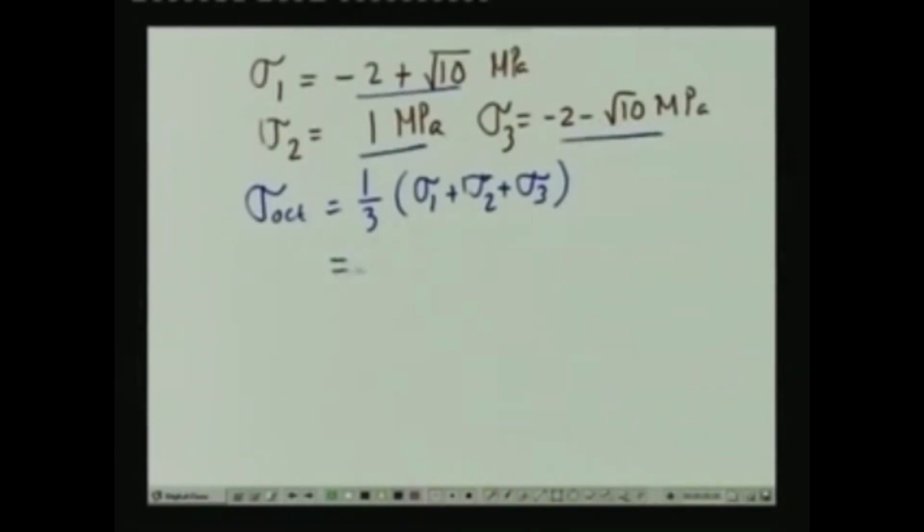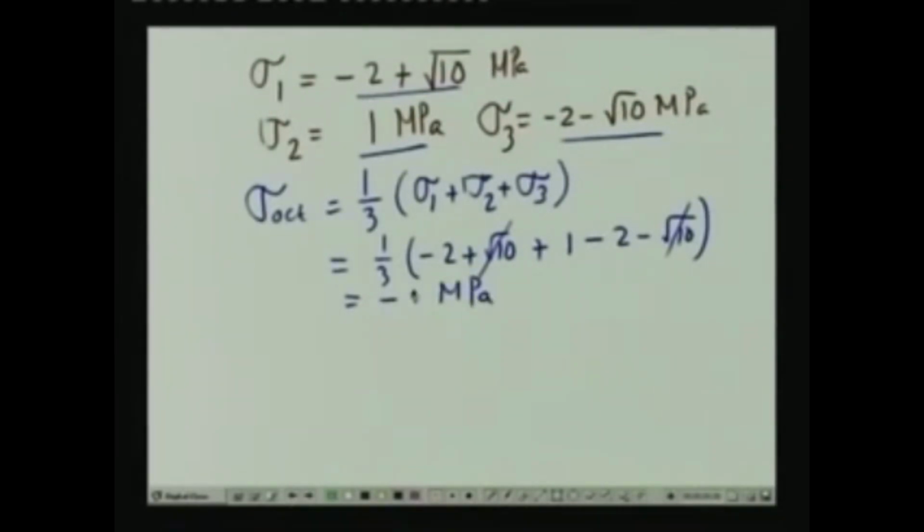So, this is equal to 1/3 of (minus 2 plus root 10 plus 1 minus 2 minus root 10). The root 10 terms cancel, so minus 4 plus 1 is minus 3, which is equal to minus 1 MPa. So, this is the value of sigma octahedral, or the normal octahedral stress.